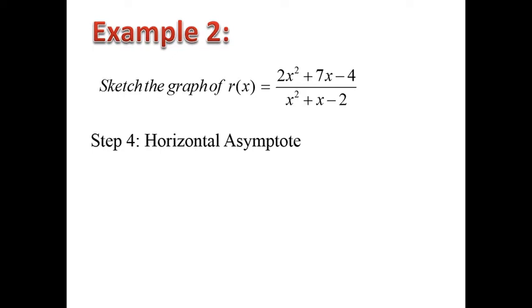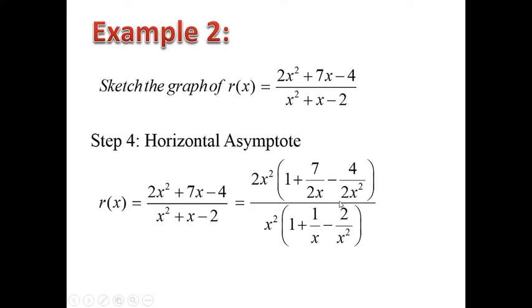But this one is actually case 2. As you can see, it's the same degree on top and bottom. So we just need to take out that 2/1, and that would be the horizontal asymptote. You may want to factor out the end behavior, the term with the greatest power. Once you factor it, you end up with something like this.